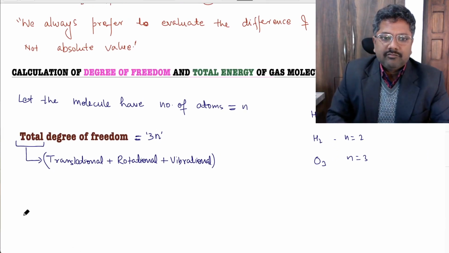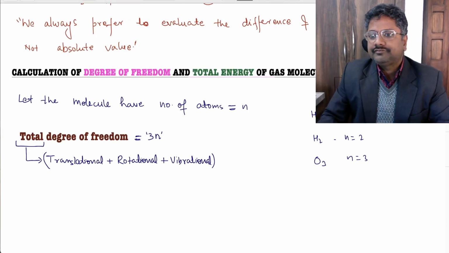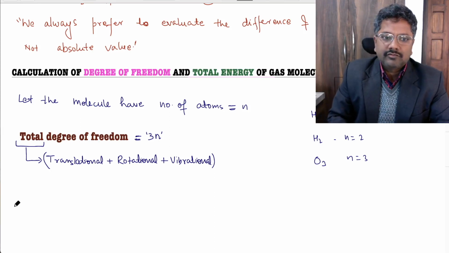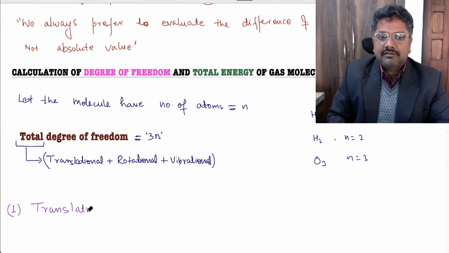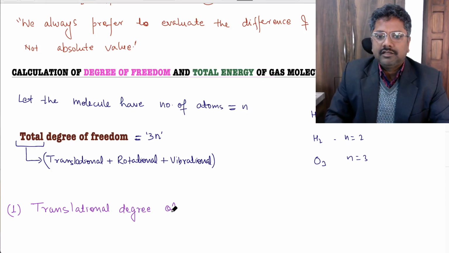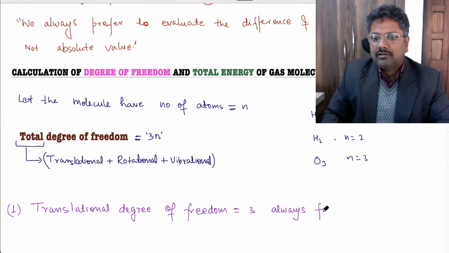Now, number 1, first, translational degree of freedom is equal to 3, always for all kinds of molecule.